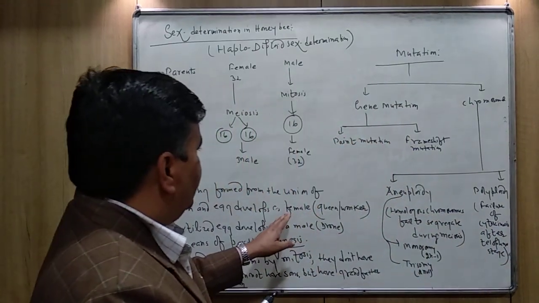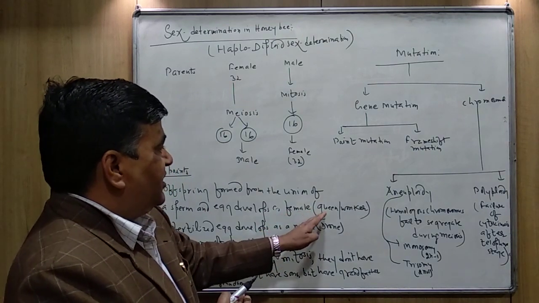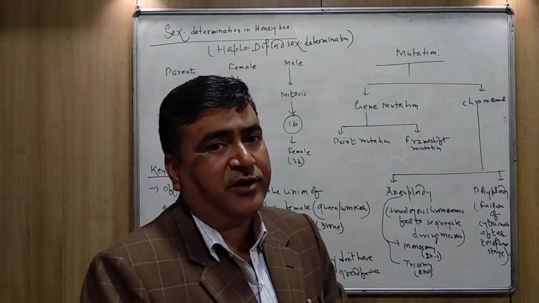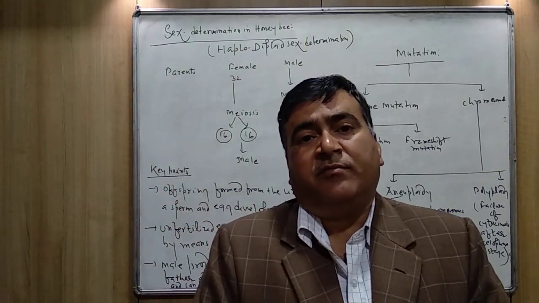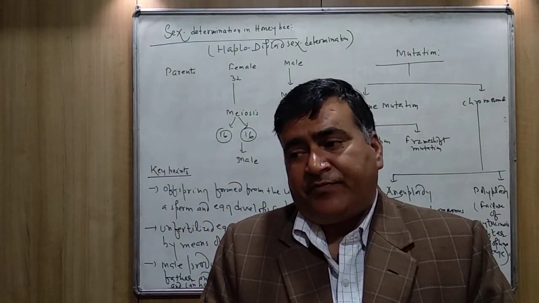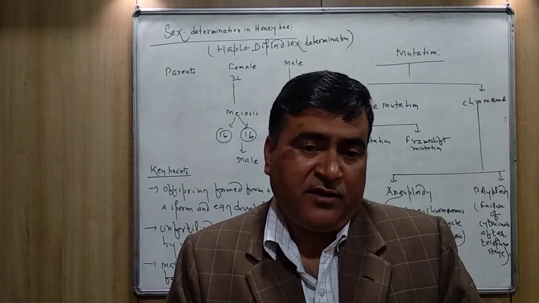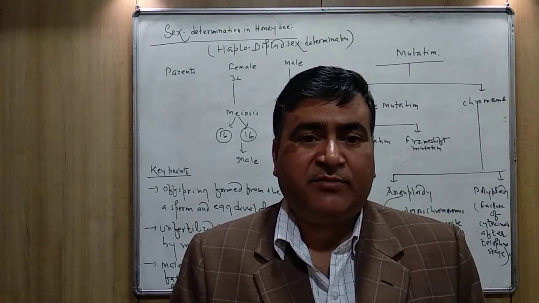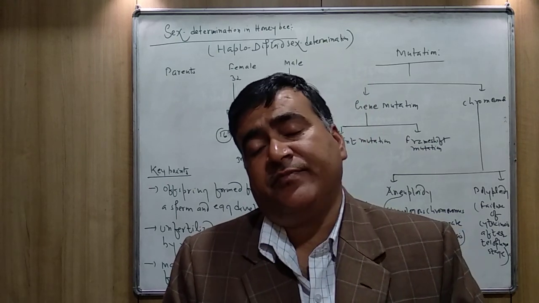The female, or you can say the queen, either worker, is produced by the fertilization of the egg, by the union of the male and female gametes.